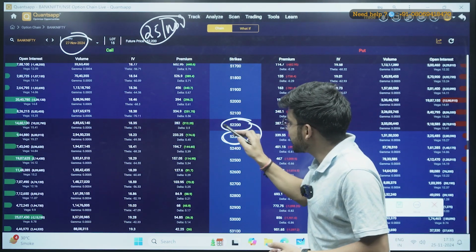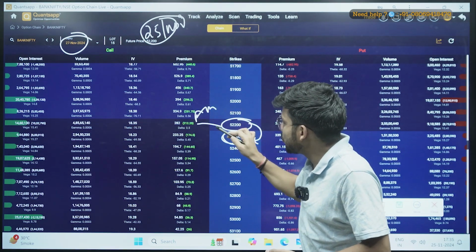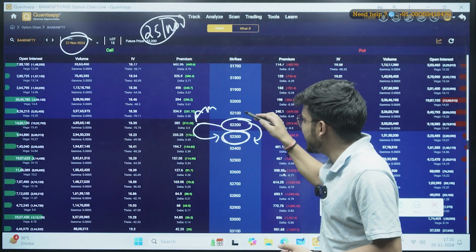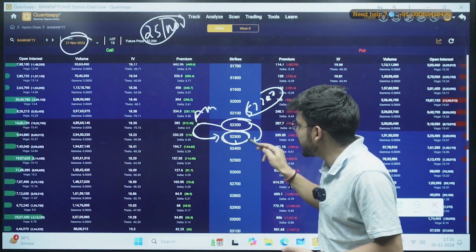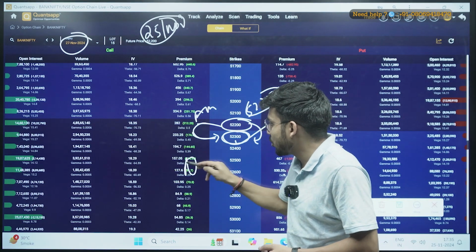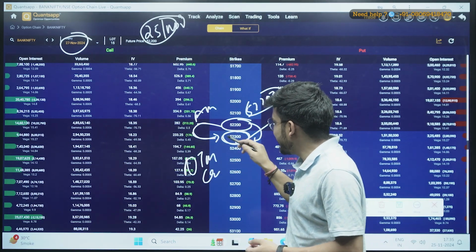So if my current price is 52,200, I'm going with the one down, that is 52,300, my OTM call option. Okay, so I will trade with this strike price.